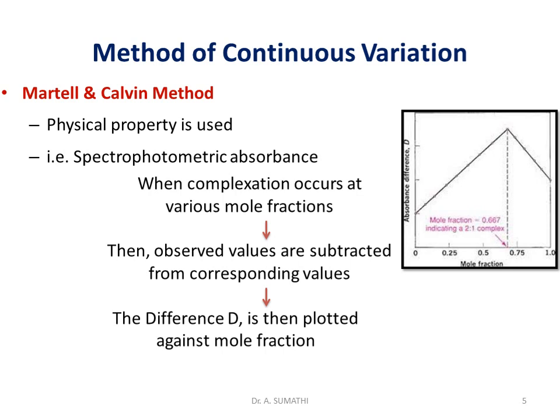By varying the mole fractions, they could notice the complexation. Then the observed values are subtracted from the corresponding values. In the graph we plot mole fraction against the difference. Here the graph is constructed between mole fraction and absorbance difference. So this is another method suggested by Martell and Calvin.